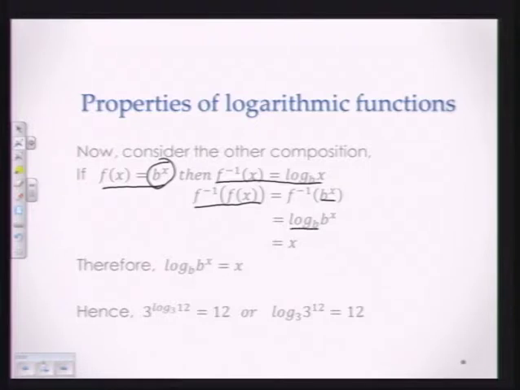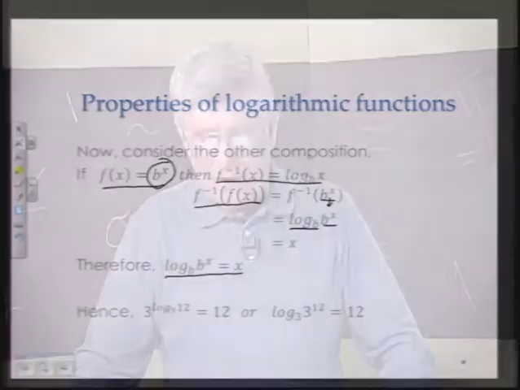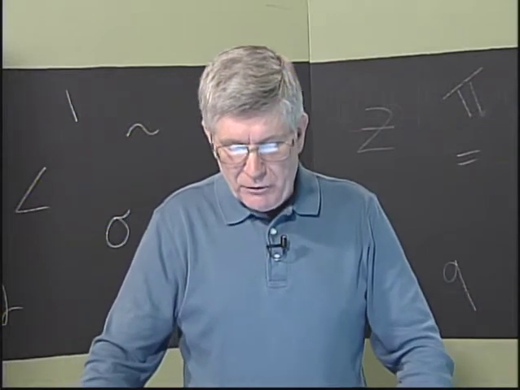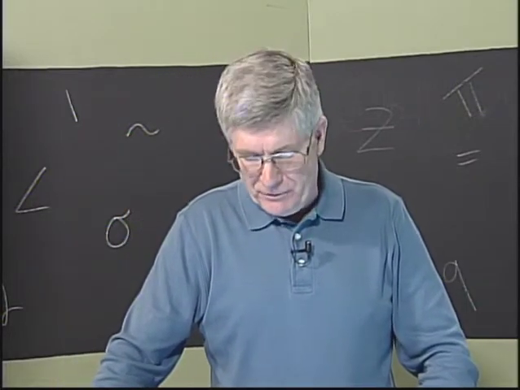And so the f inverse of b to the x is the log base b of b to the x. But since these are inverse functions, that expression must equal x. So we get a second inverse property, and that says if I have the log base b of b, remember that's the base of our exponential term, to the x, we get x.